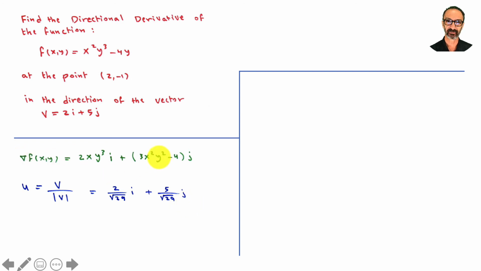Now I have whatever I need: the gradient and the unit vector. Since they want me to find the directional derivative of the function at the point, we're just going to plug in the point (2, -1) in the formula of the directional derivative, which is a dot product between the gradient and the unit vector.